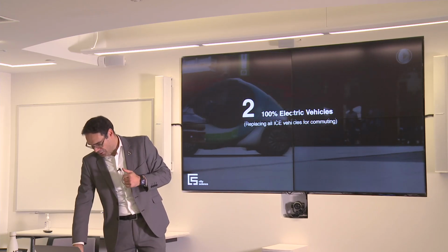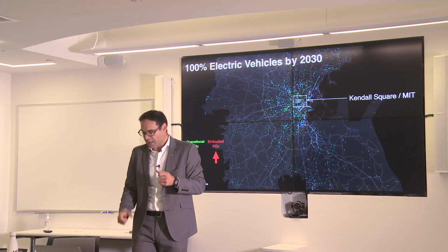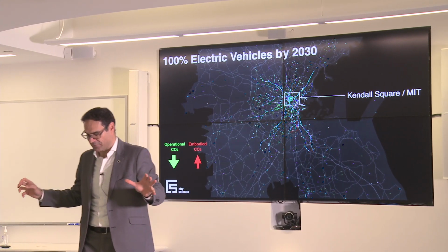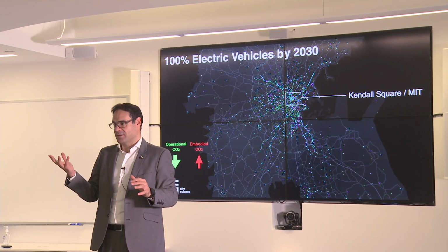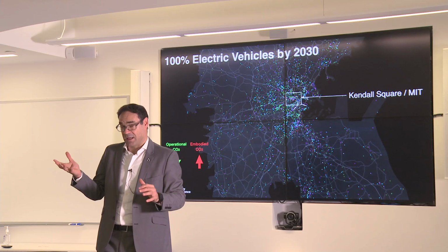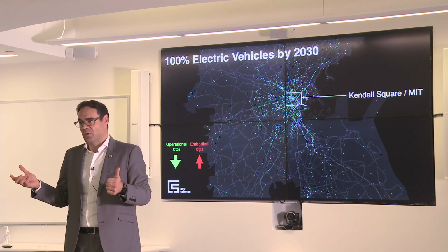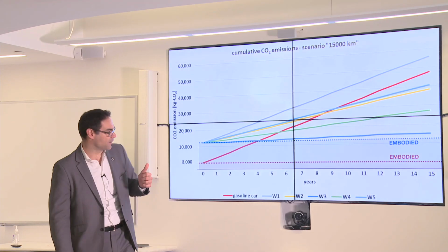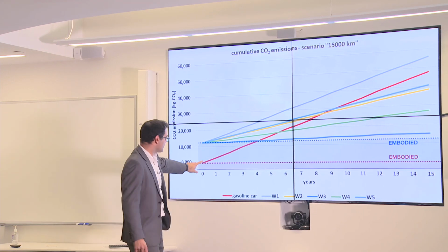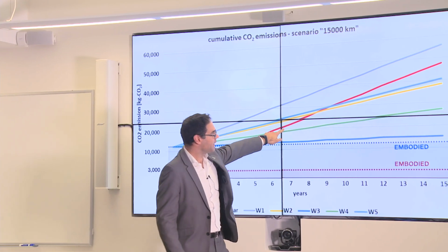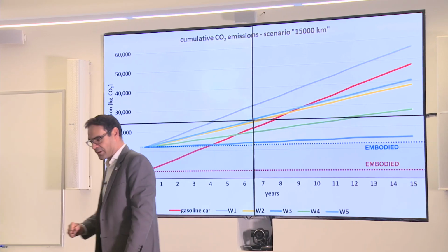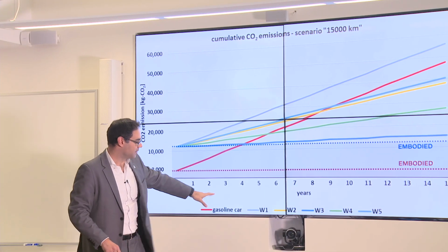When you are reducing some impacts as well, the problem is that even if every single car becomes electric, they are becoming more efficient in terms of operational CO2, but the embodied CO2 is higher. So I have this graph here that explains a little bit. This line, the red one, is the gasoline car, and the other lines are different electric vehicles.